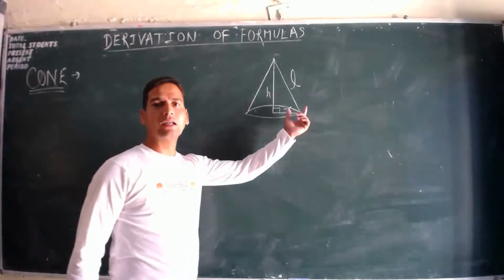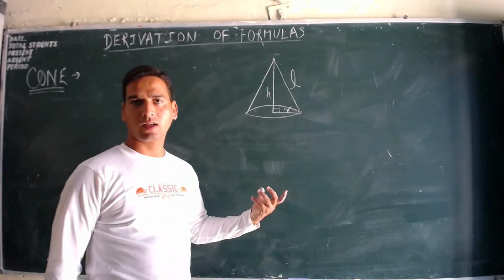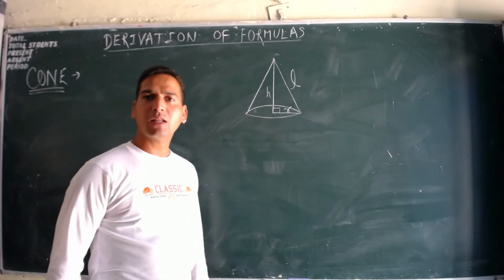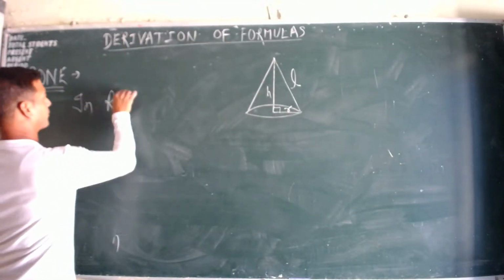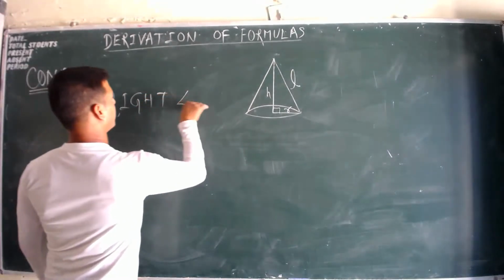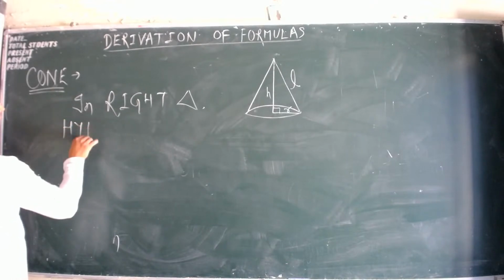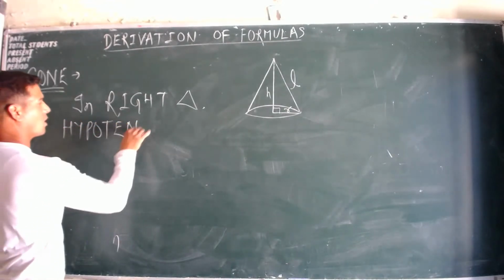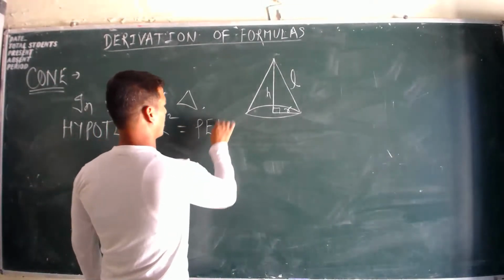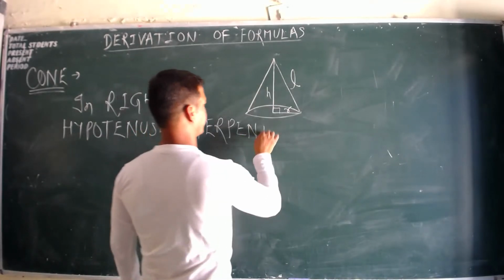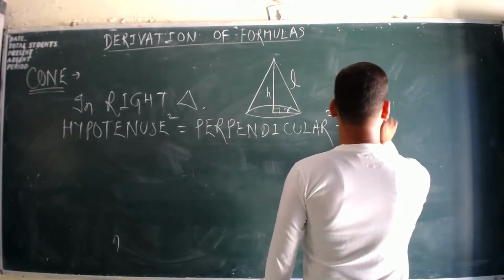So if you see clearly in the triangle, this is the right triangle. So here we can apply the Pythagorean theorem. Clear? What is the formula of the Pythagorean theorem? In a right triangle, hypotenuse square will be equal to perpendicular square plus base square.